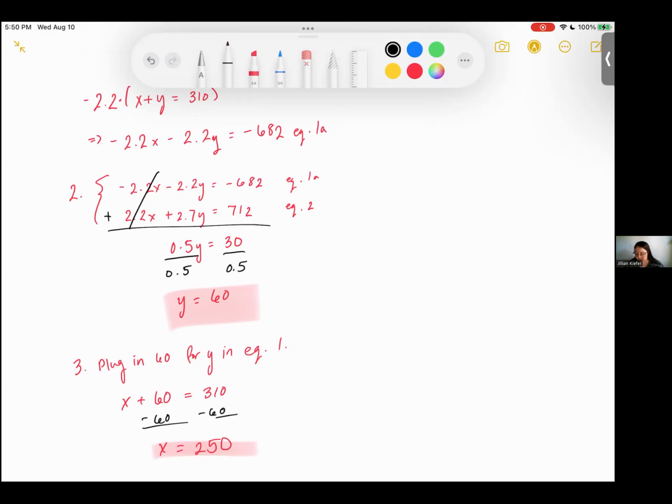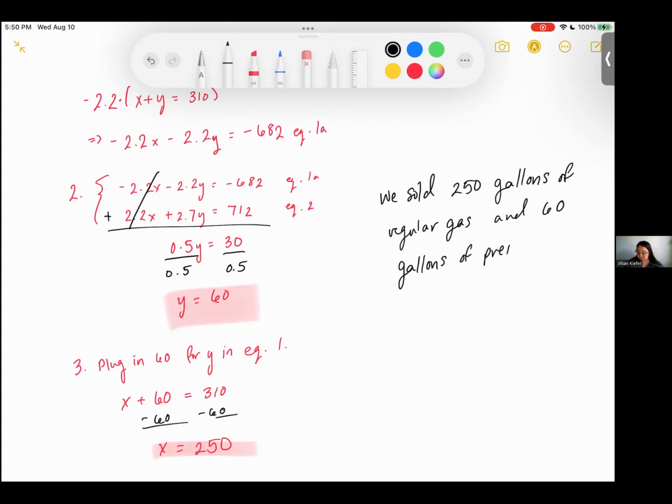So in this case, our answer would be that we sold 250 gallons of regular gas and 60 gallons of premium gas. So when it comes to the final answer, that is our final answer. We sold 250 gallons of regular gas and 60 gallons of premium gas.